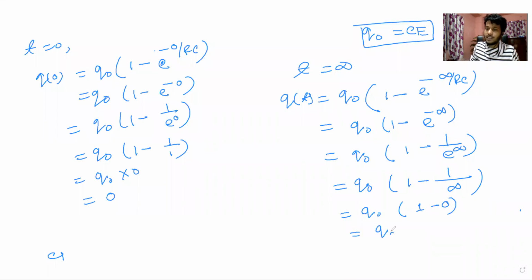So this is nothing but Q naught, right? Under steady state condition, the amount of charge on the capacitor will be maximum, which is nothing but Q naught. Yes, proved, sir. It means we have proved inductively that our derived formula is correct, isn't it?